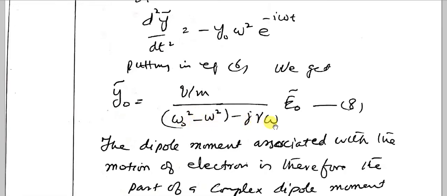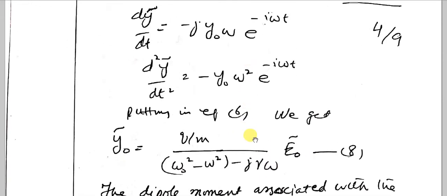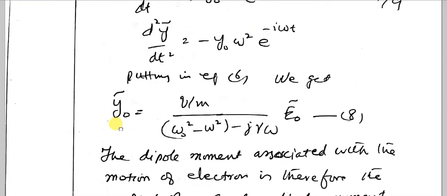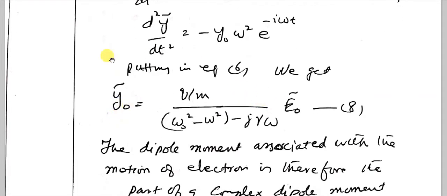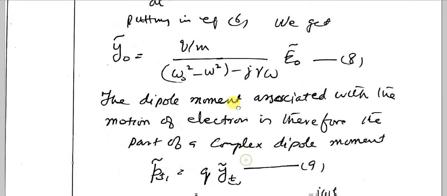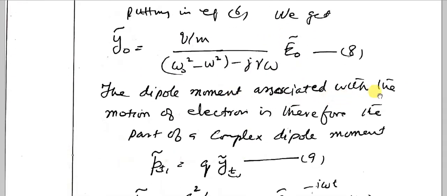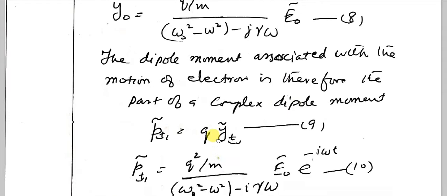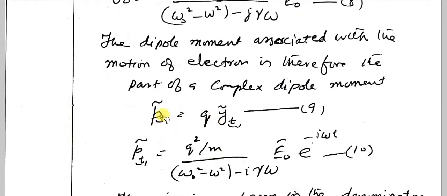So if you put all these terms in the above equation 6 and rearrange it, then we are left with y naught. This term is obtained. Now the dipole moment associated with the motion of the electron is therefore also a complex dipole moment. So the dipole moment instantaneously, p of t, is equal to q times y of t, which is the displacement distance between the two positions.